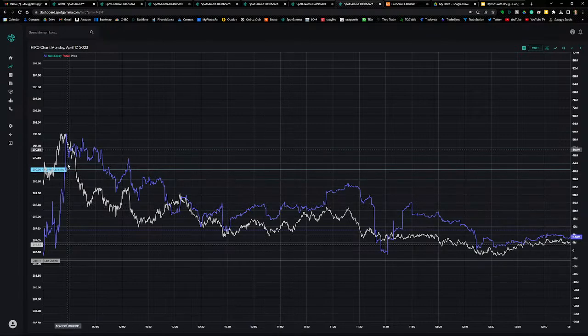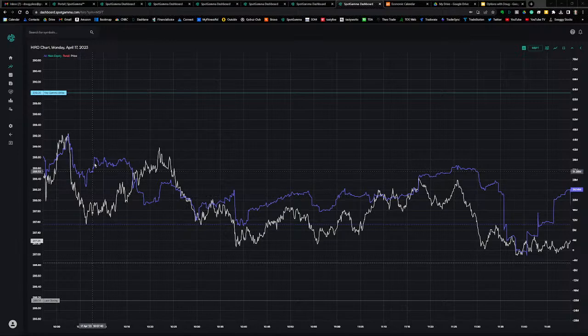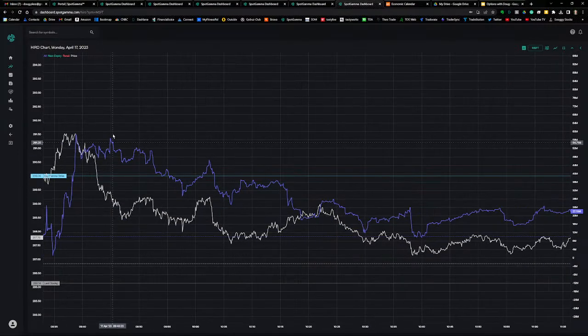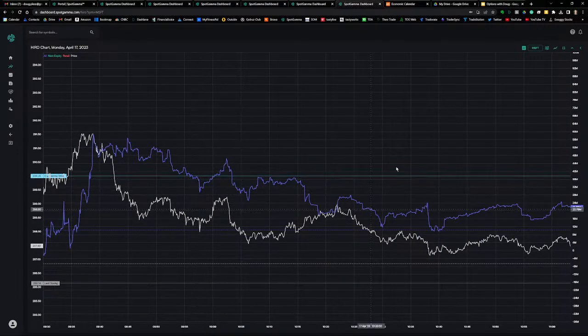But after the break of the 290 key gamma strike, then it was a little bit more clear. As Hero leveled off, let's zoom in on this warning. So price moved up.